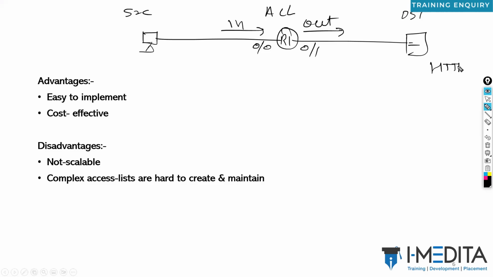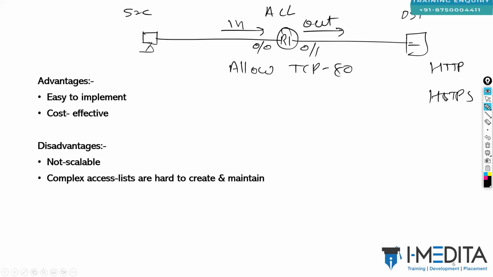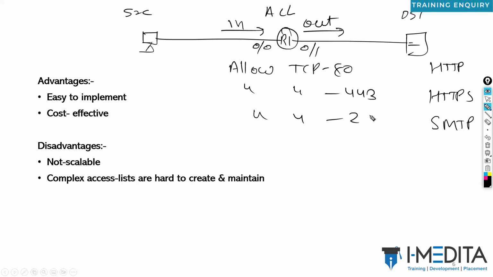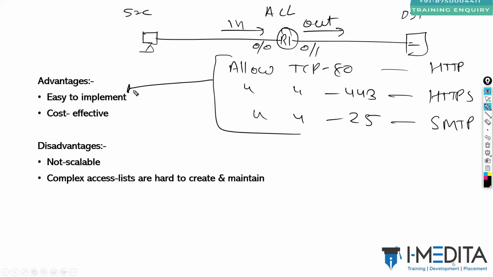If this server is providing the HTTP service, we need to allow TCP port number 80. If this server is providing HTTPS, we need to allow TCP port number 443. If this server is providing the SMTP service, Simple Mail Transfer Protocol, we need to allow 25. If we know the port number, then we can say it is easy to implement. How can we say it is cost effective?